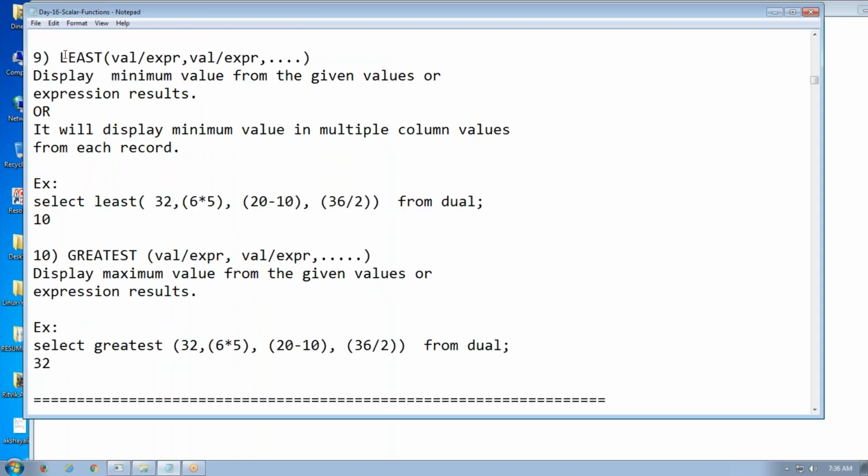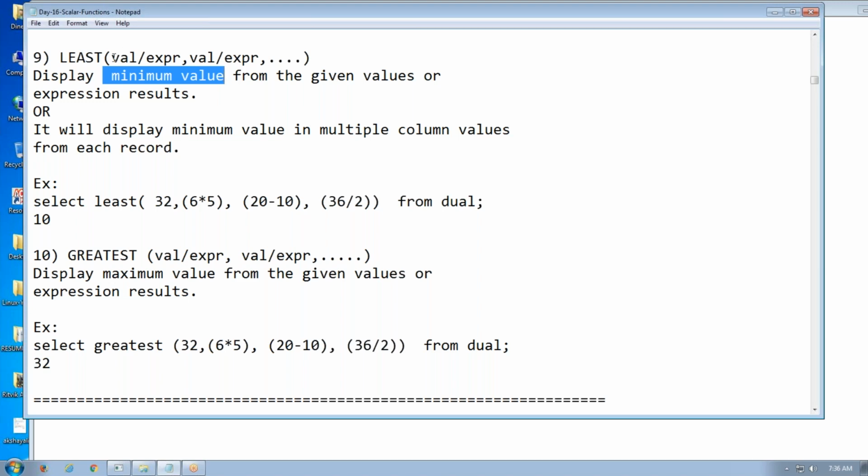Least and greatest. Already we discussed aggregations like maximum and minimum. The minimum function executes on a column, and the maximum function also executes on a column. Here, the least function will find the minimum value from given values, expressions, or column names.